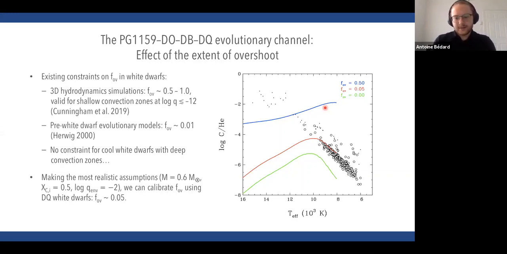So you can see that the abundance pattern of DQ white dwarfs can only be reproduced with a moderate overshoot efficiency of about 0.05. And this is a nice result because it's the first time that we have an idea of the amount of overshoot in cool white dwarfs with deep convection zones, which are currently inaccessible to 3D simulations.